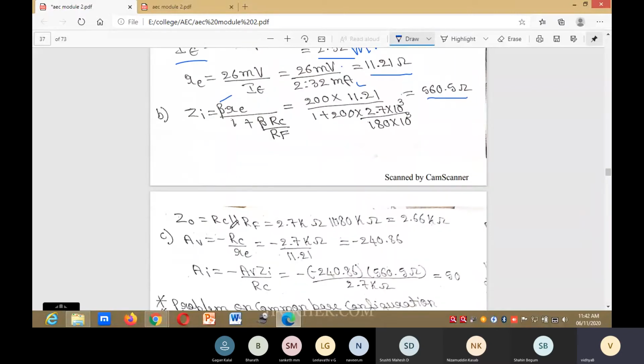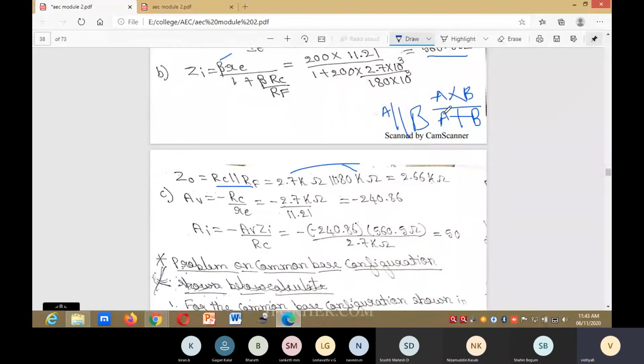Next, output impedance is equal to RC parallel with RF. RC value is 2.7 kilo ohm and RF value is 180 kilo ohm. I think you know, if A is parallel with B, then it is A into B divided by A plus B. This is how we solve the parallel.